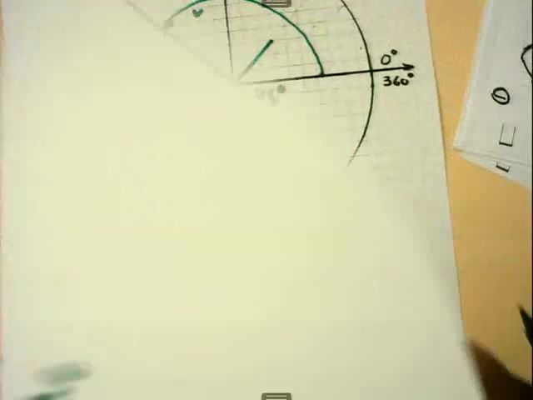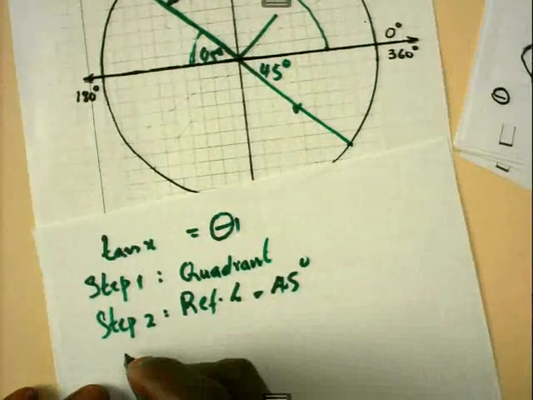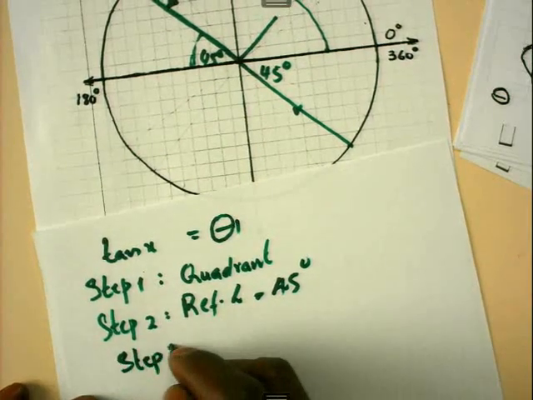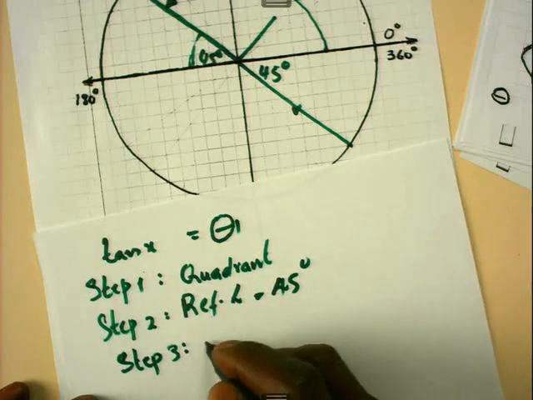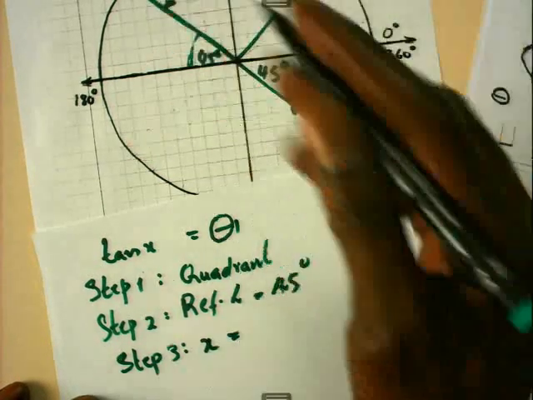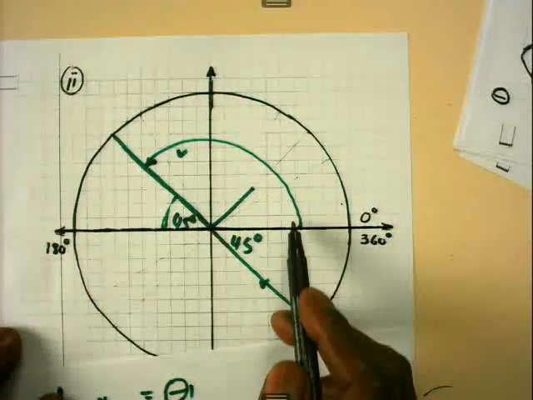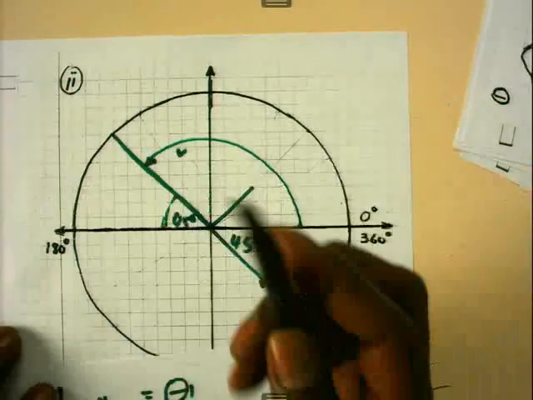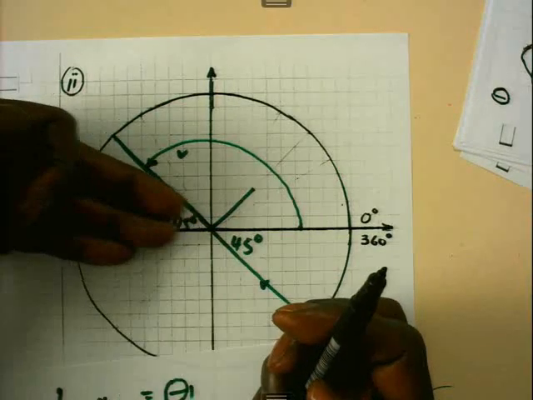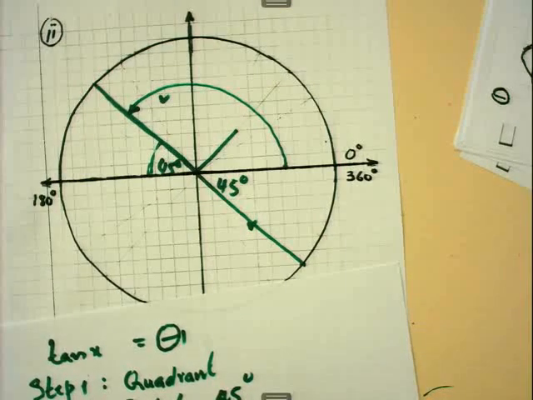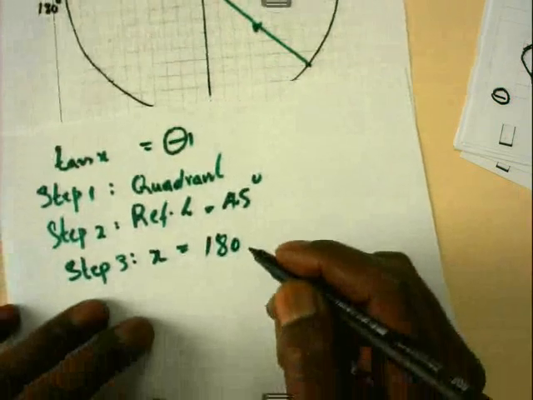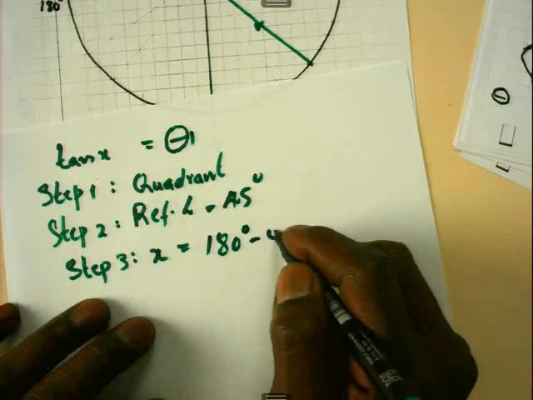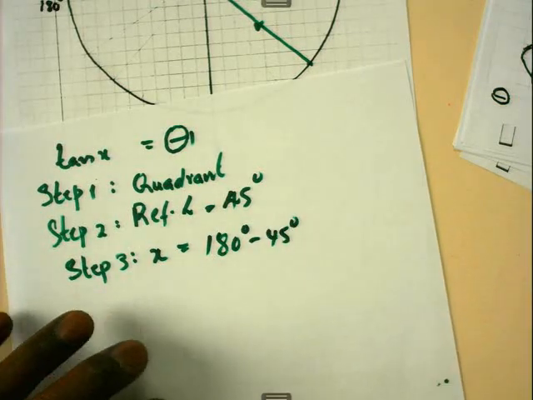So our solution will be step 3. We go to our solution. x will be equal to this angle here. This angle here will be 180 degrees minus 45 degrees.